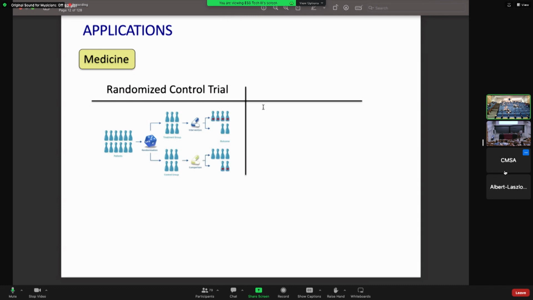But the truth is that in a lot of modern applications in medicine, we want to try out drugs in terms of their effect in a very personalized sense. We can't always create a very large cohort of patients that are close enough to each other. So one of the strategies, which is very popular in medicine these days, is what's called an N of 1 trial, where you try to do a randomized control trial, but with a single patient.